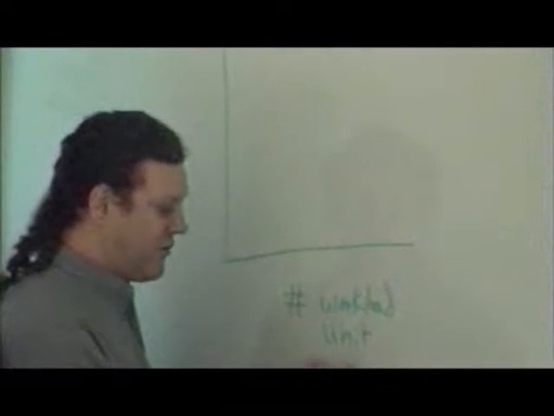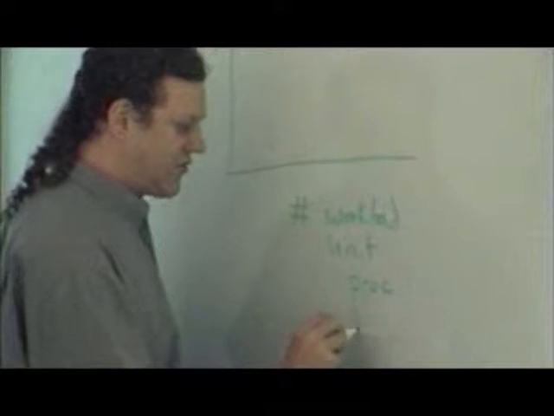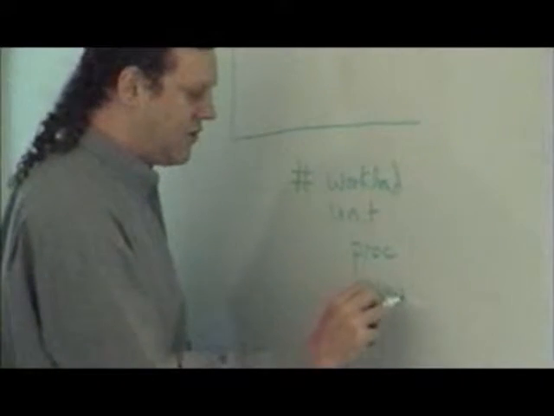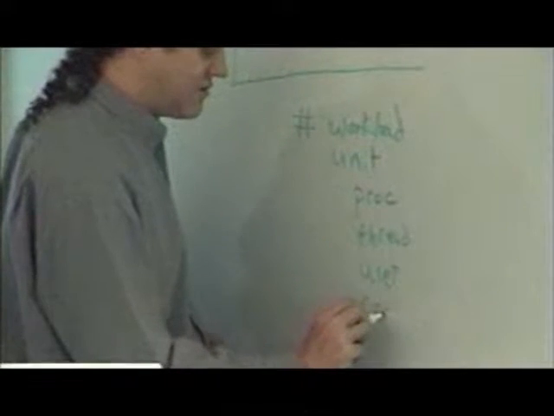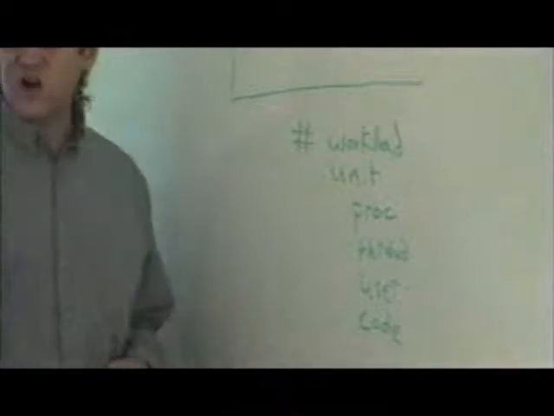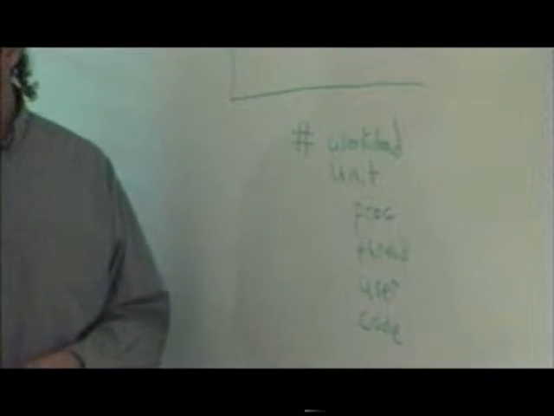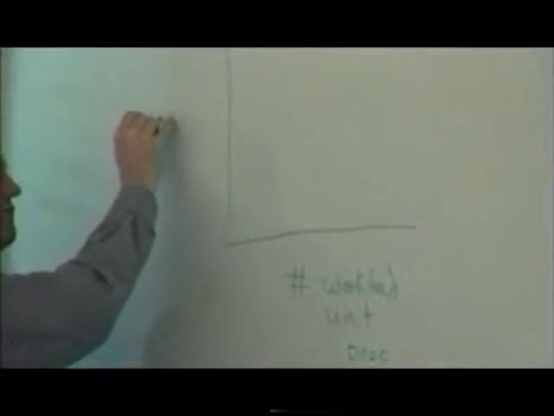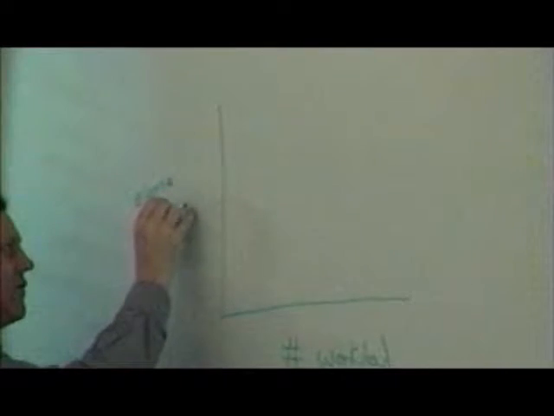The workload unit could be a process, could be a thread, could be a user, number of users on the system, could be number of codes. Okay, number of car crashes. What is my workload unit on the system? And then over here was my elapsed time, or expansion factor, which was my quality of service metric.